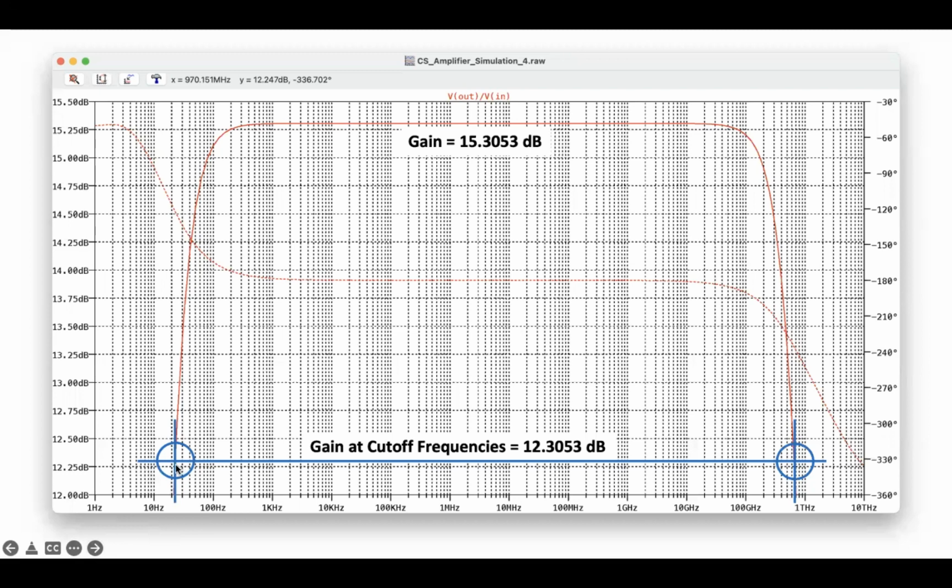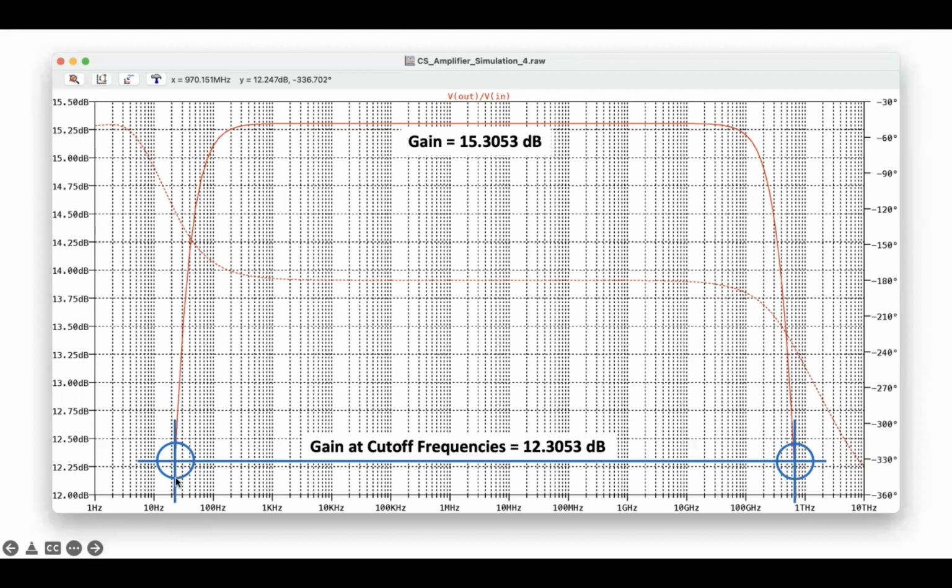So here we can see the 12.30 dB. So yun yung intersection natin, and then you can estimate the frequency if you are using graphical method, or if not, you can use the .measure statement, no? Pwede rin yan para you can determine the frequency when gain is equal to 12.3 dB. Okay?